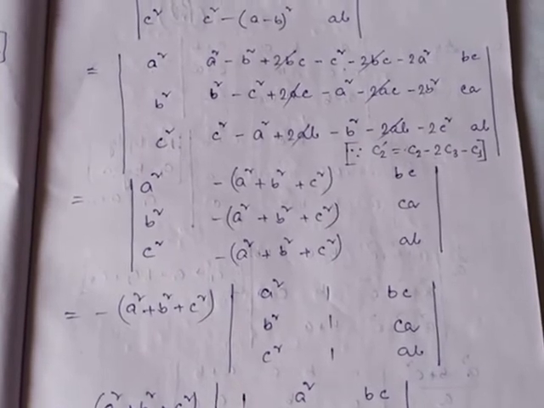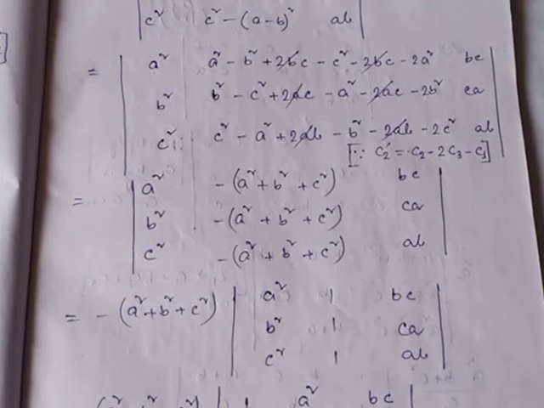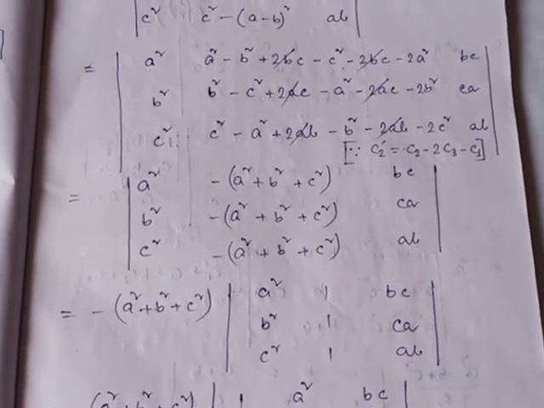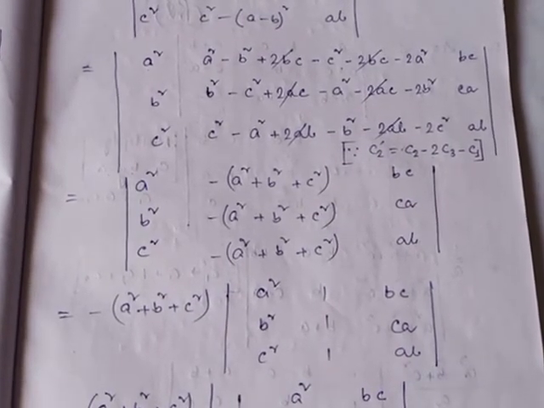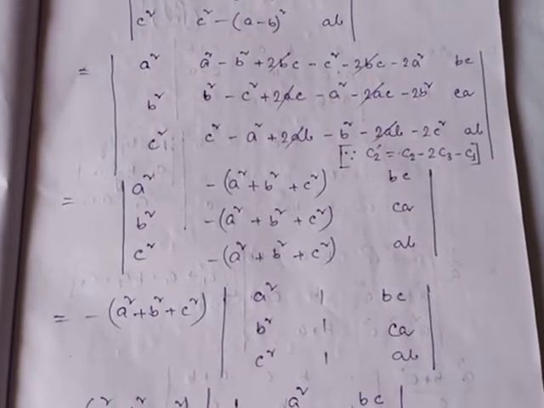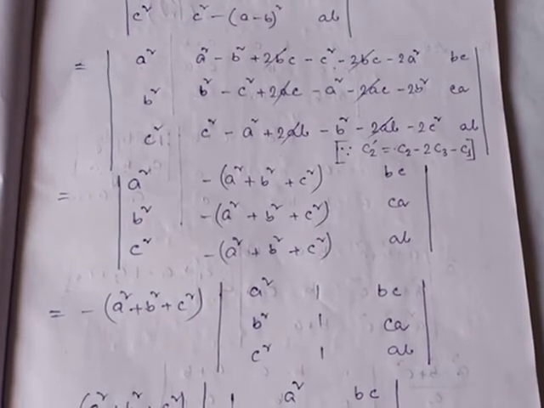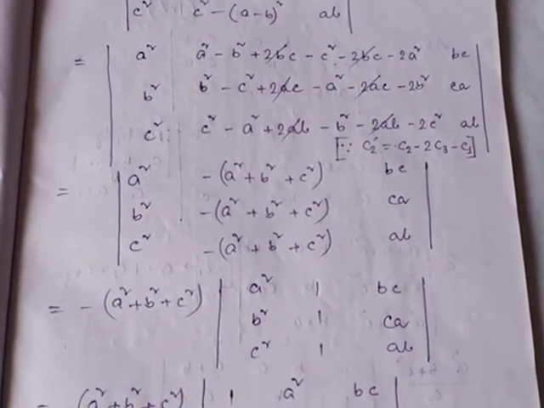Okay, now after the cancellation, we can write a square b square c square, minus of a square b square c square, minus of a square b square c square, bc ab. Taking common minus of a square b square c square, we can write a square b square c square, 1 1 1, bc ab.